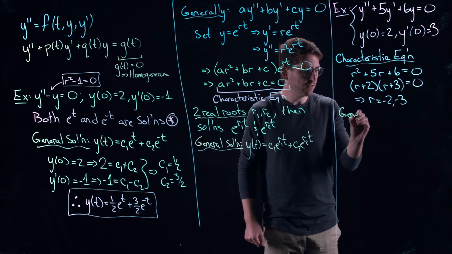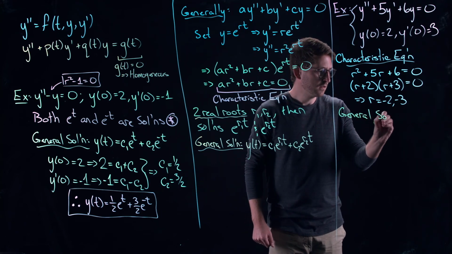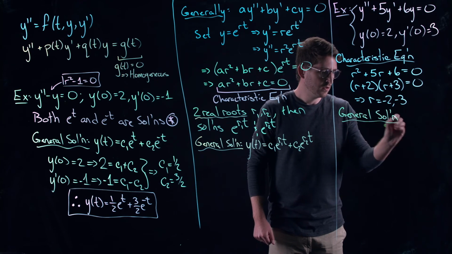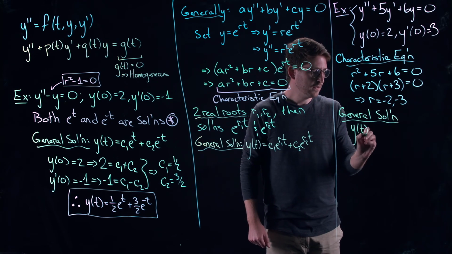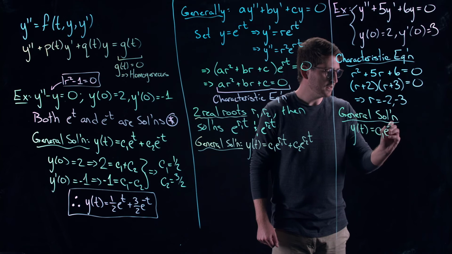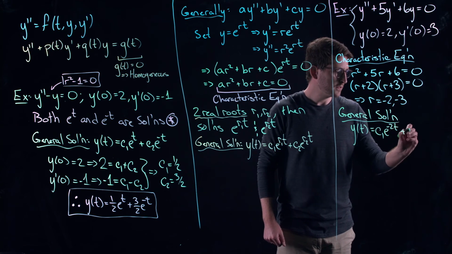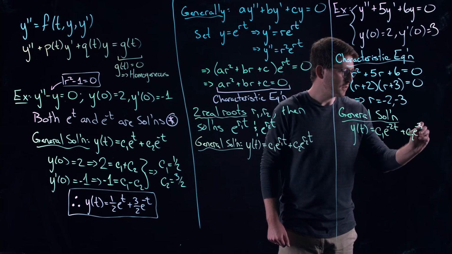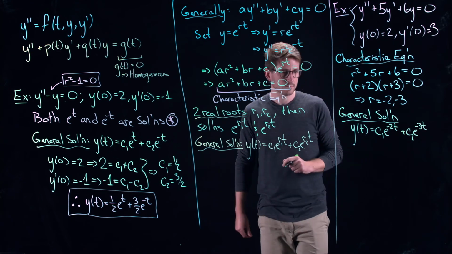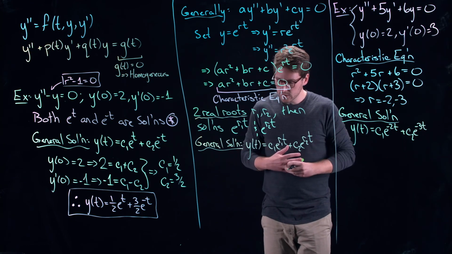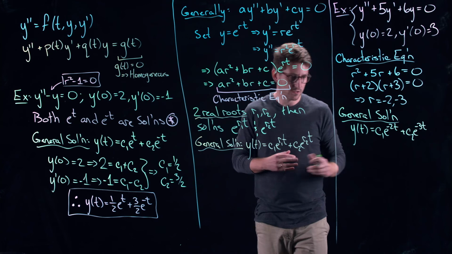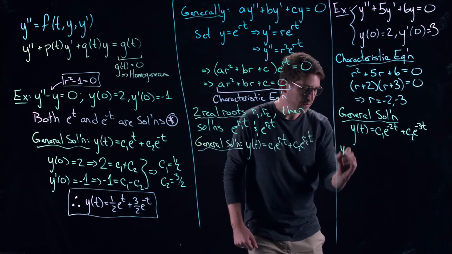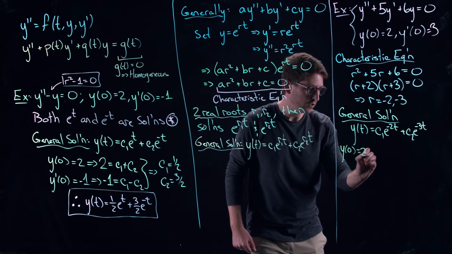So now we have a general solution, which is y of t is equal to c1 e to the minus 2t plus c2 e to the minus 3t. And now all that we need to do is use those initial conditions. So I have y of 0 is equal to 2.